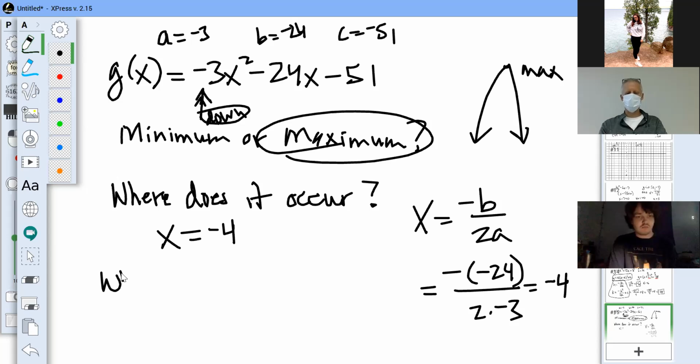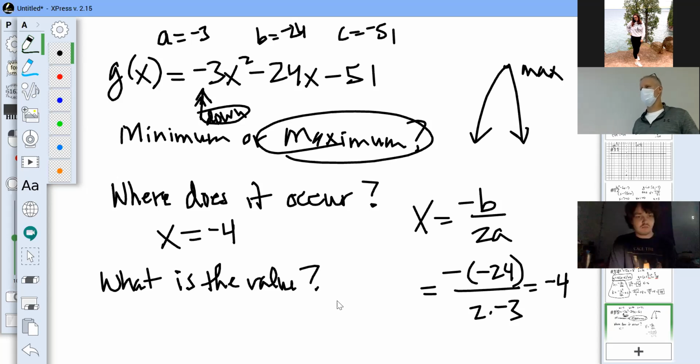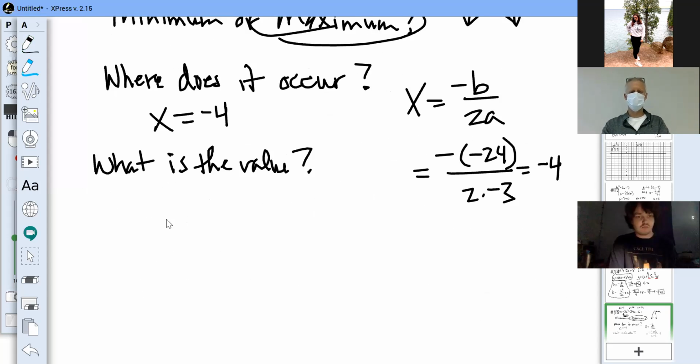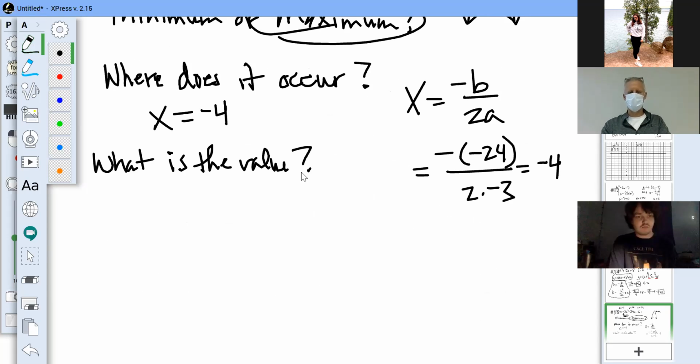And then it asks, what is the value of the maximum or minimum? So the maximum occurs at -4, but then they want to know, what is it? That's the y value. They don't say y equals, they just ask for the maximum value.